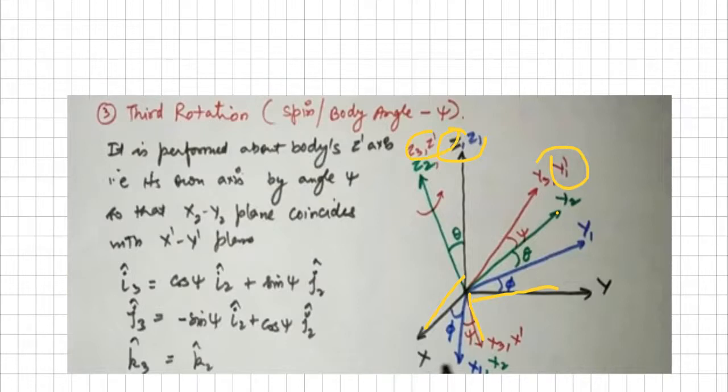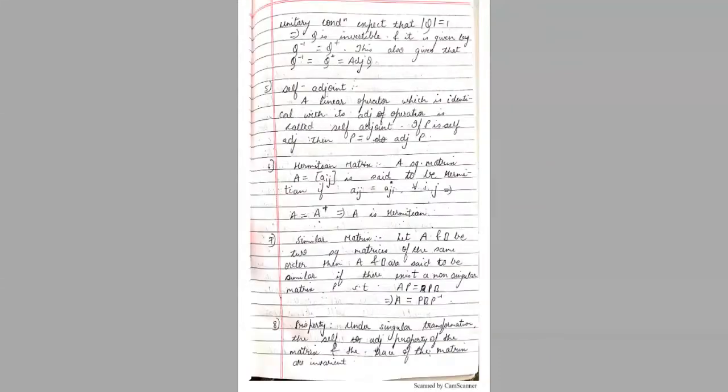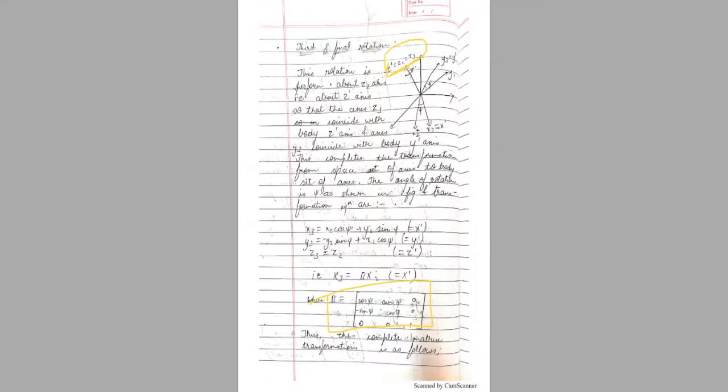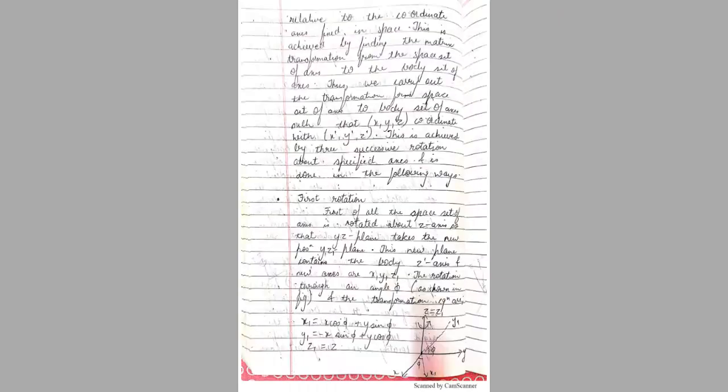Now we collectively have written three rotations, we have made three matrices, but see what our question is. Our question is to find that one matrix which is responsible for such a transformation.